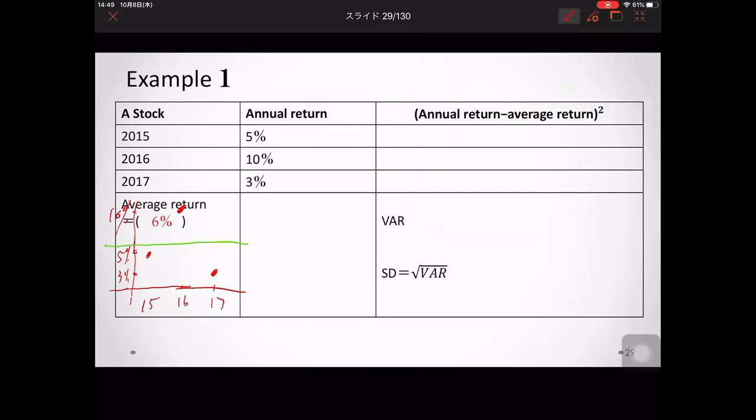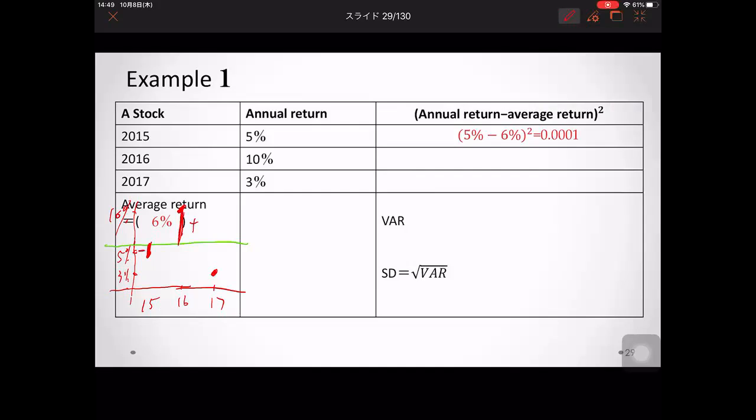For 2015, the return is 5%, so the deviation is negative. The squared deviation is 5% minus 6%, squared. This is the squared deviation for 2015. For 2016, the realized return is 10%, so this is a positive deviation.